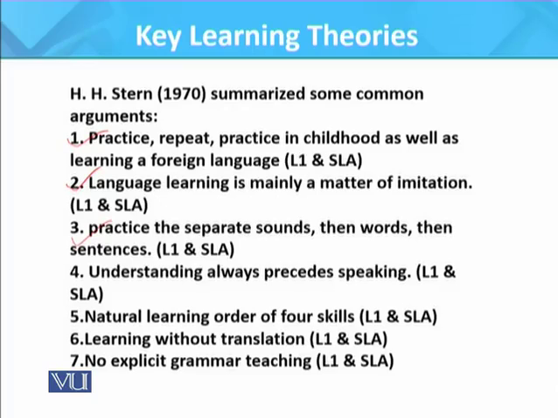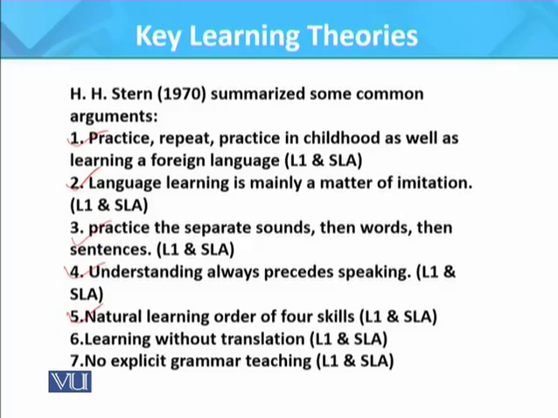The fourth point is that understanding always precedes speaking. First, a child listens, then he speaks. And therefore, this must be the right order of presenting the skills in a foreign language as well. So this particular argument goes for first language as well as second language acquisition. Fifth is the natural learning order of four skills.